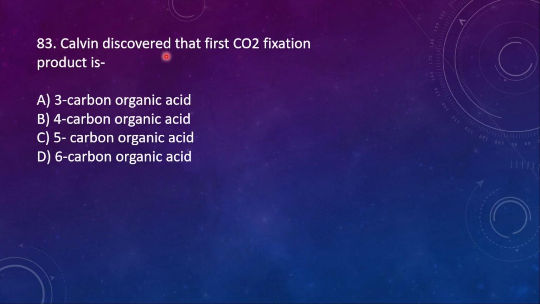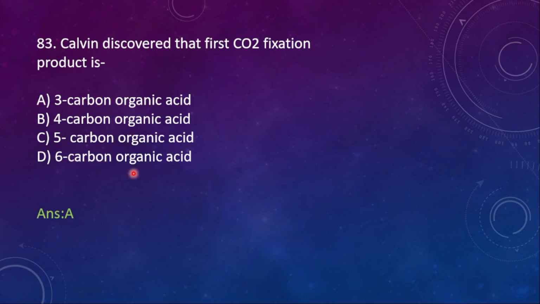83. Calvin discovered that the first CO2 fixation product is A, 3 carbon organic acid. B, 4 carbon organic acid. C, 5 carbon organic acid. D, 6 carbon organic acid.